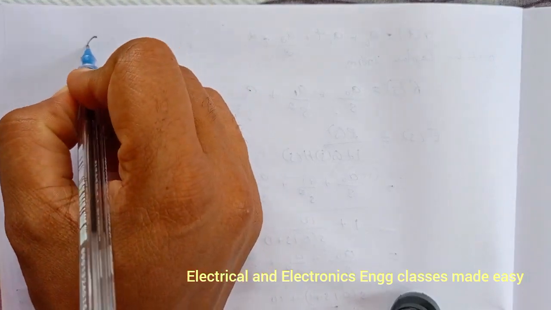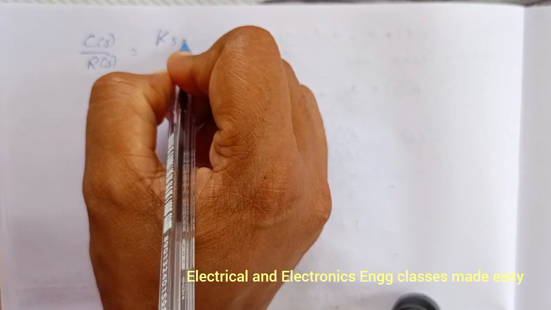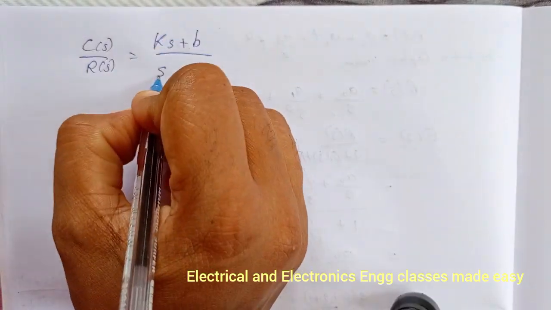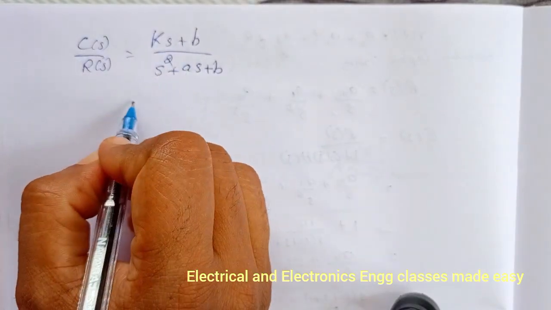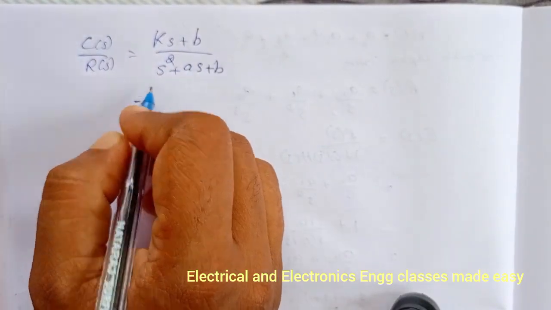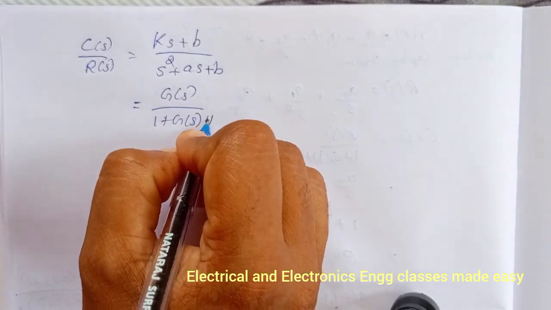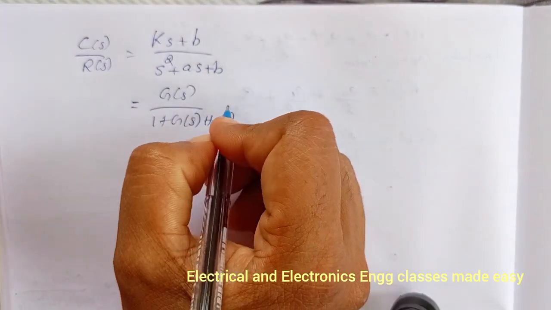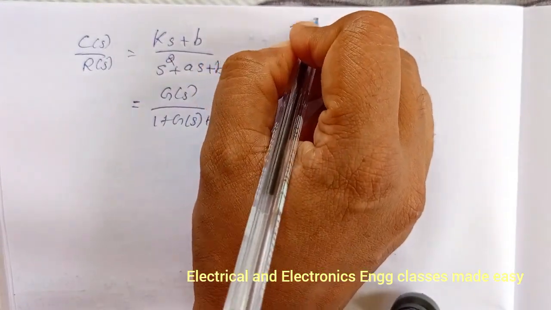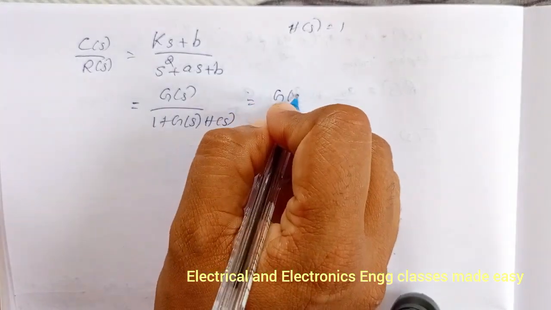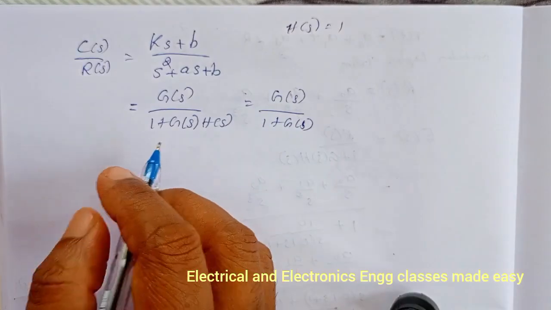So here C of s divided by R of s is given, that Ks plus B divided by S square plus As plus B. And we know C of s divided by R of s is equal to G of s divided by 1 plus G of s H of s, and it is given that unity feedback system, so H of s is equal to 1, so we can write G of s divided by 1 plus G of s.